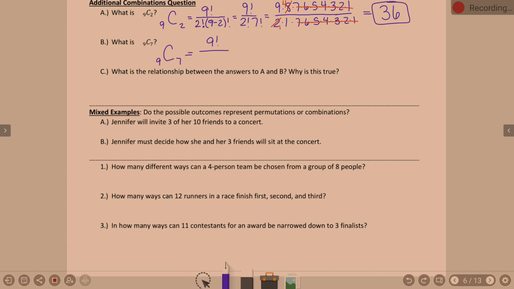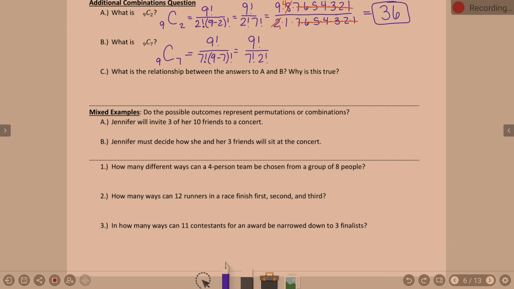On bottom, r factorial is 7 factorial. N minus r is 9 minus 7 factorial. Clean it up. 9 factorial over 7 factorial, 2 factorial. It's the same thing. Okay, we can work this all out.